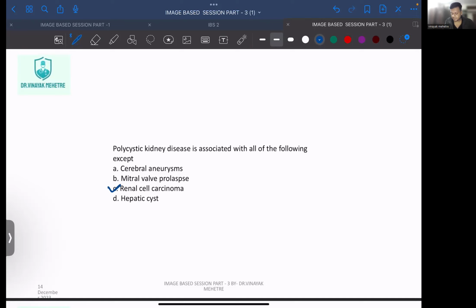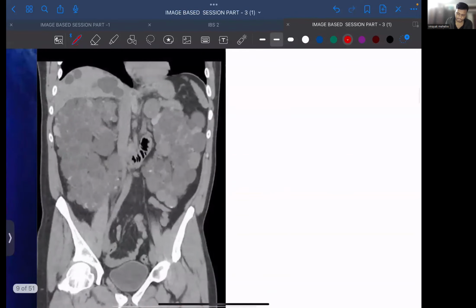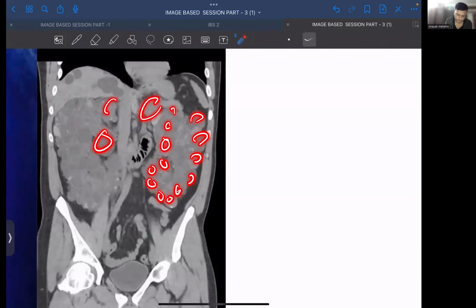It is associated with renal stone और किडनी स्टोन. इसी को हम बोलते हैं renal lith. Renal lith, that means kidney stone, right? We have discussed this in the last class. If you are going to get a CT scan, you will see so many round follicles in the kidney.